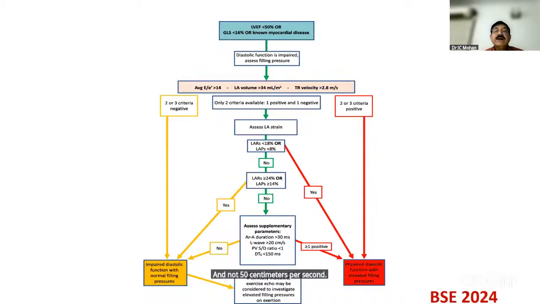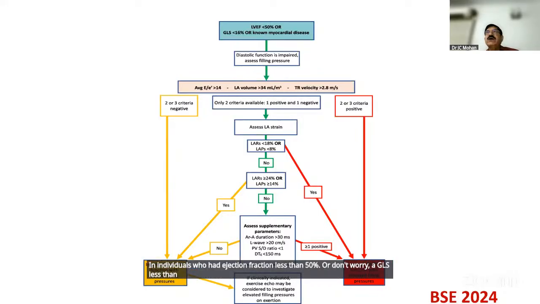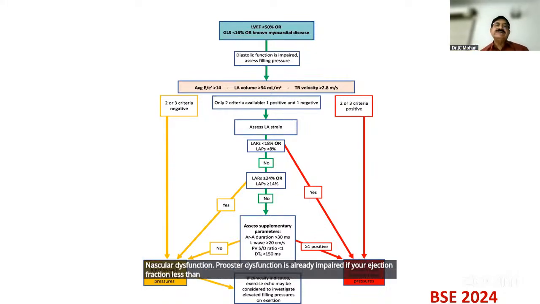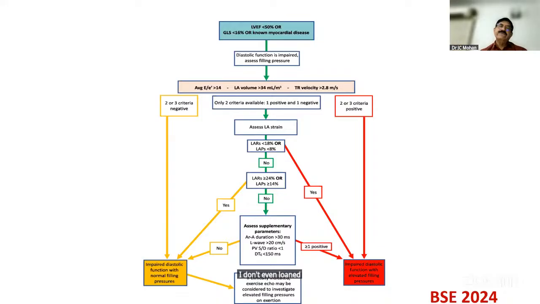The algorithm went on to also assess diastolic function in individuals who had ejection fraction less than 50%, or GLS less than 16%, or known myocardial disease. Here, the first thing they did was they said each of these individuals has diastolic dysfunction. So diastolic function is already impaired if you have ejection fraction less than 50%, GLS less than 16%, or known myocardial disease, because that would always be there.